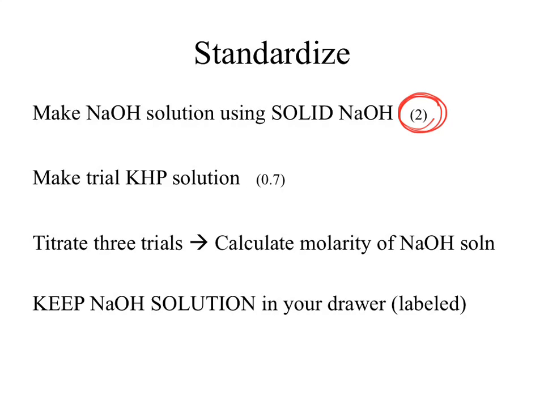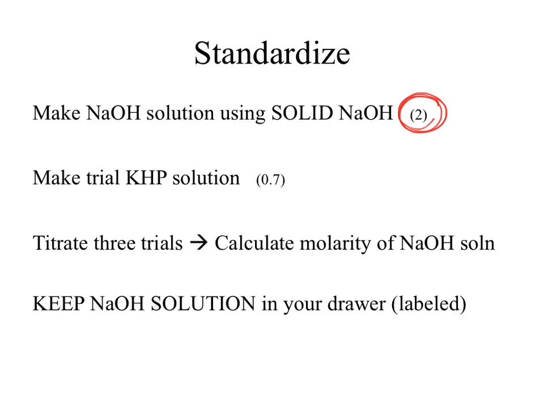So you can either measure out the 2 grams, or you can trust that I measured it appropriately, which, as of this morning, is questionable, that 12 to 14 pellets is approximately 2 grams. Okay? If you want to play around with the triple beam balances, go ahead, play around with them, and figure it out. You should get something around 12 to 14 of the sodium hydroxide pellets. Okay?